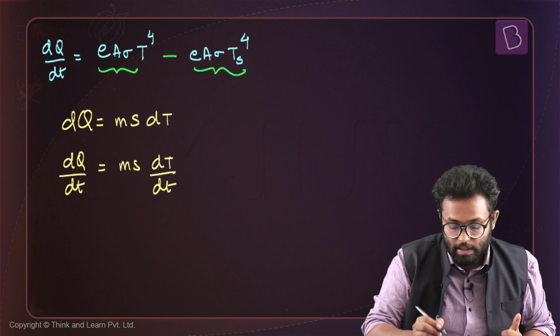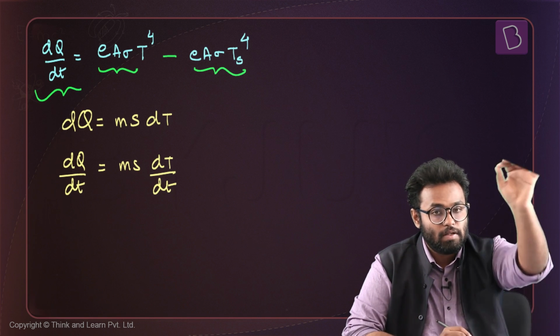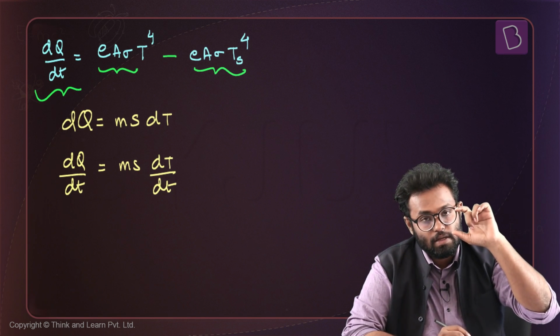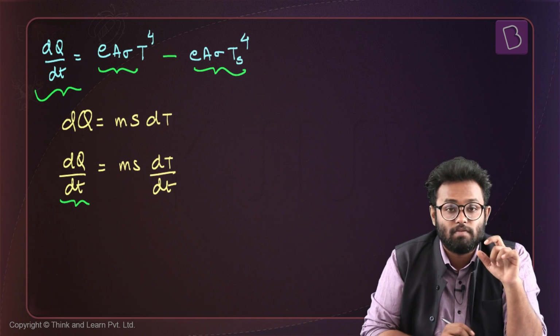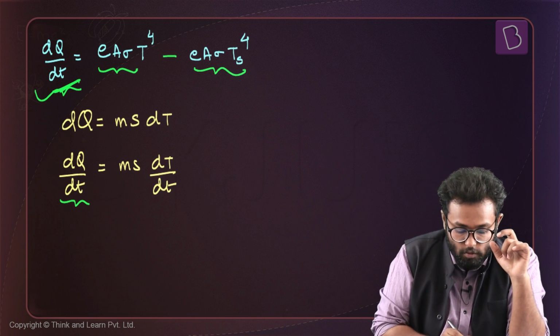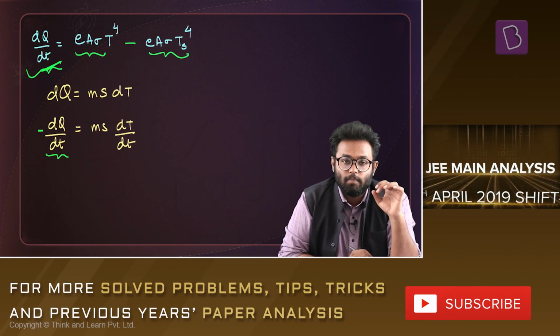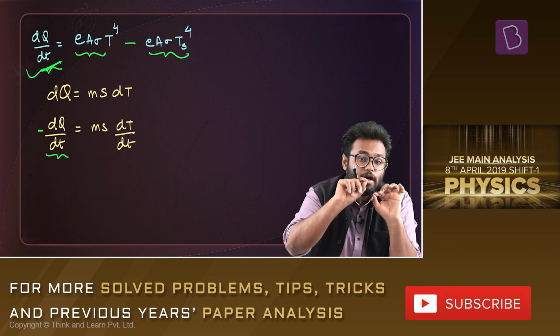Now, there's another thing. In this case, this dQ by dt, the rate at which heat is changing, is the heat going out of the system. However, the equation Q equals ms dT has the heat coming into the system, which is increasing the temperature. So if I have to use it here, I have to put a negative sign in this equation, because this Q is not the heat getting into the system, it is the heat being lost from the system.